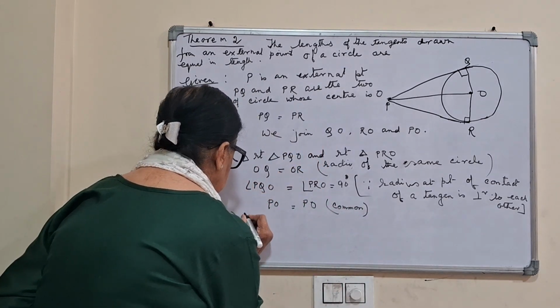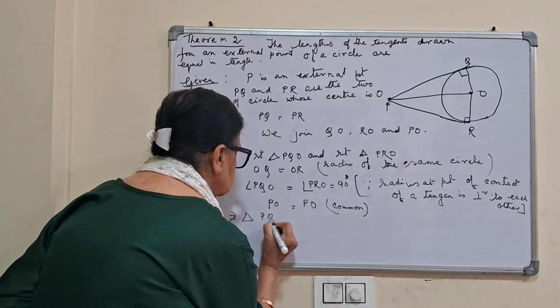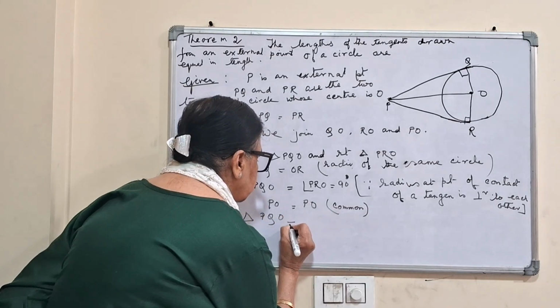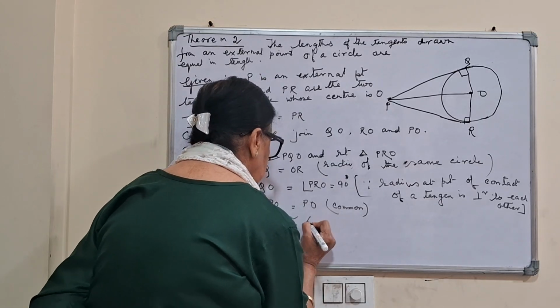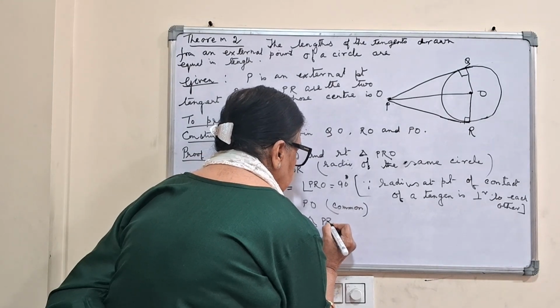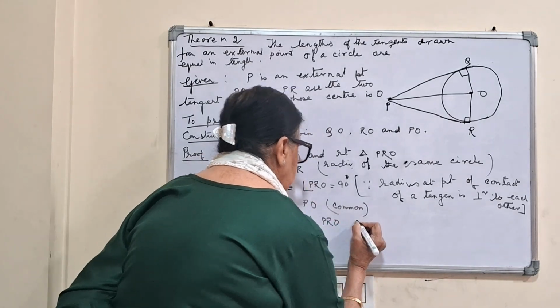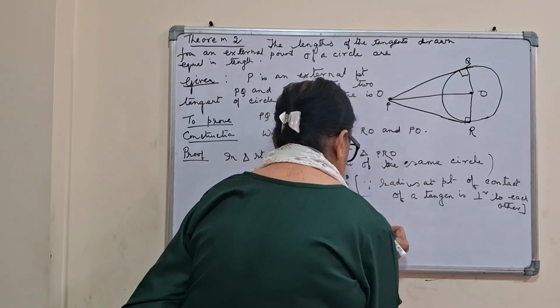This implies triangle PQO is congruent to triangle PRO by RHS.